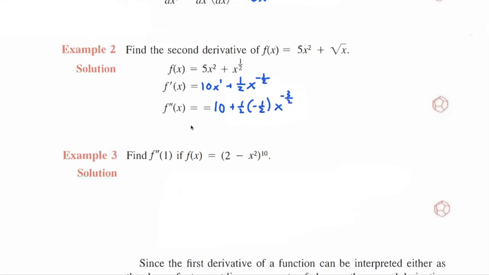And here we can say that we have 10 plus 1/2 times negative 1/2 x to the negative 3/2. So that is equal to 10 plus, let's combine this. Oops, not a plus, we'll make that a negative. So minus, 2 times 2 is 4. So that's 1/4 x to the negative 3/2.